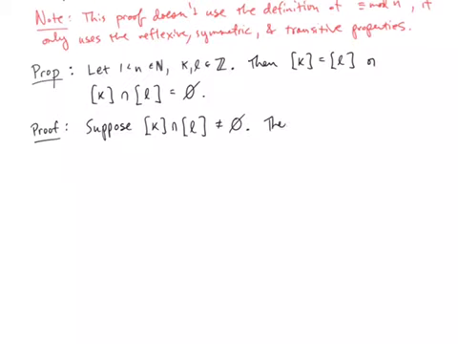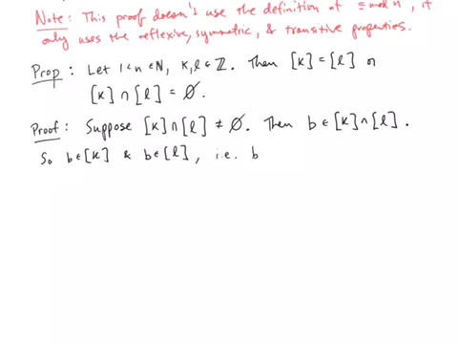Then there's some b which is in the intersection. So b is in the equivalence class of k, and b is in the equivalence class of l, i.e. b is equivalent to k mod n, and b is equivalent to l mod n.